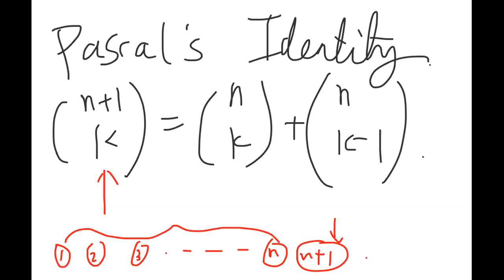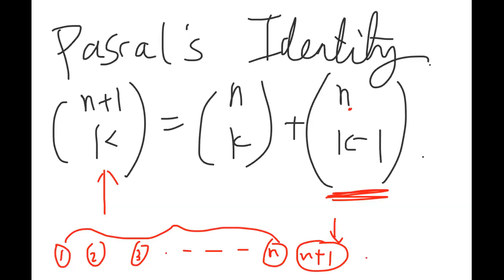That secures one of the k spots. So that is exactly the same as choosing k minus 1 items from n, which is the binomial n choose k minus 1.